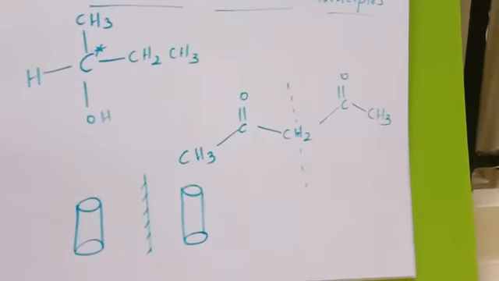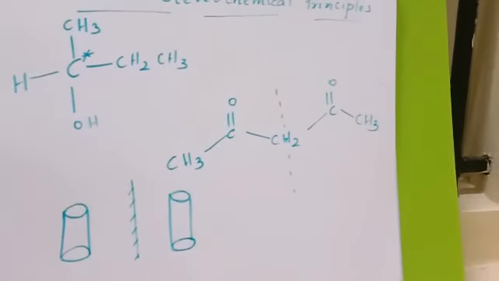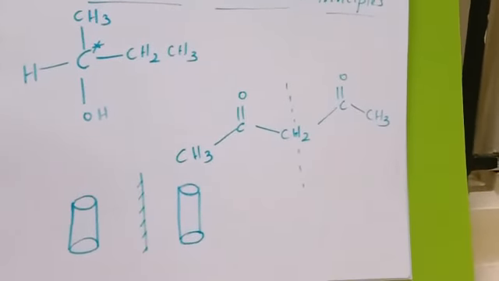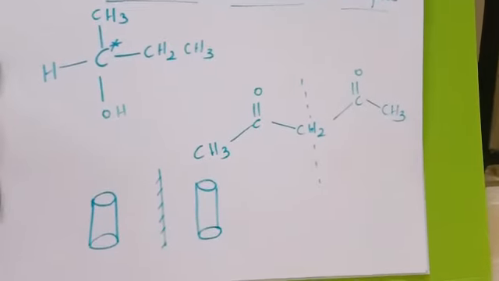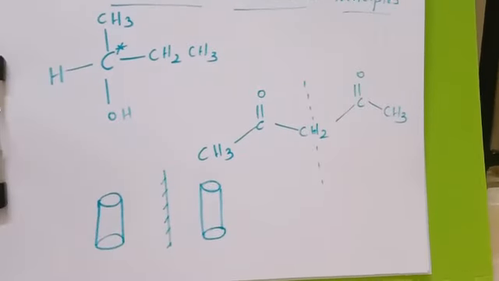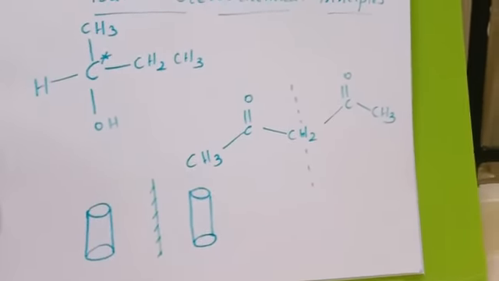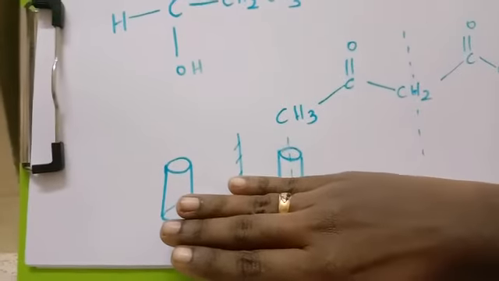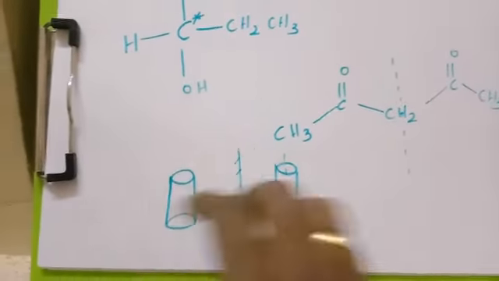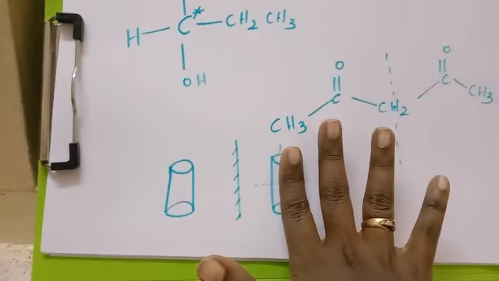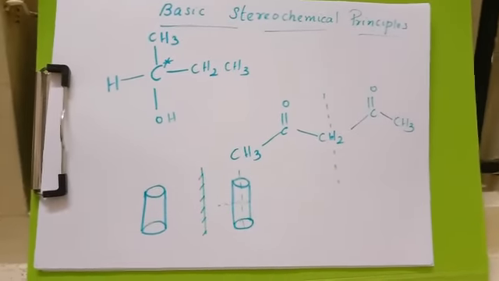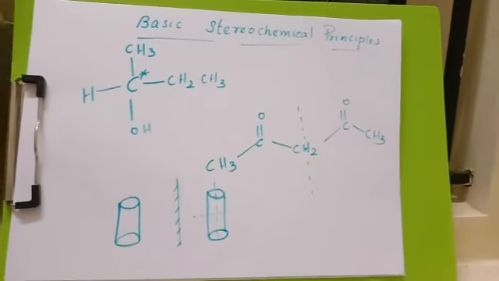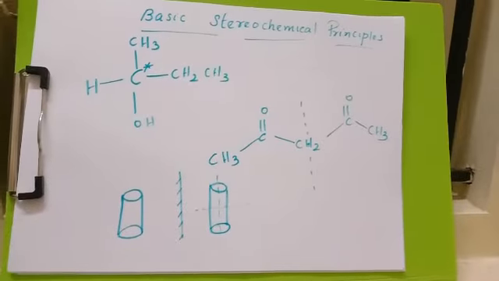That is, it will fit. Most achiral molecules have a plane of symmetry. If we cut like this, we get 2 equal parts, and cut like this, we get 2 equal parts. So most achiral molecules have a plane of symmetry or center of symmetry.